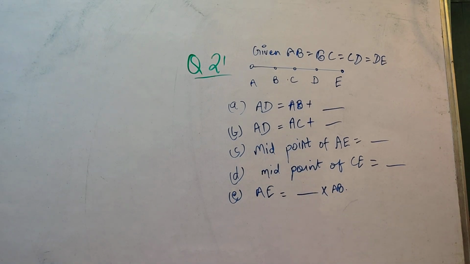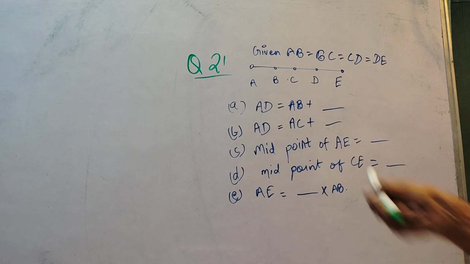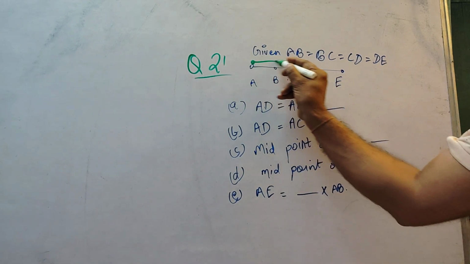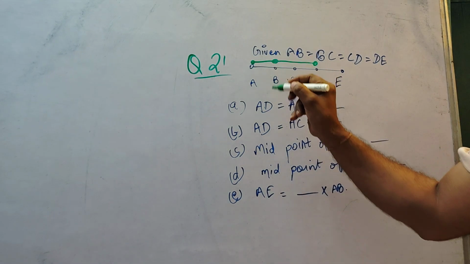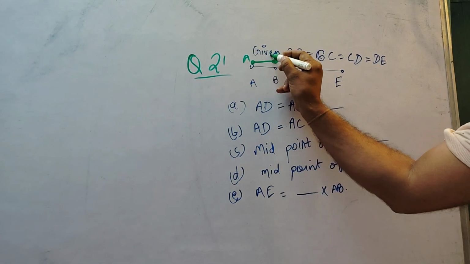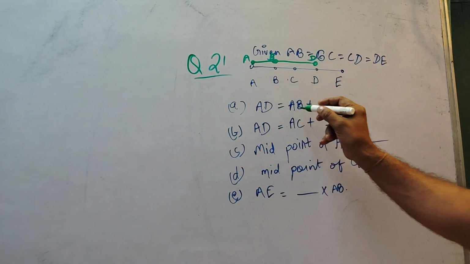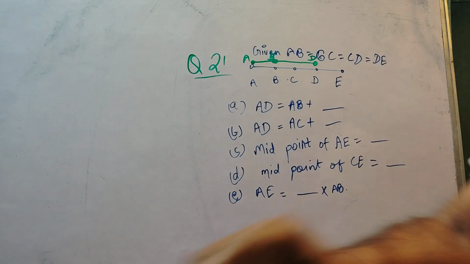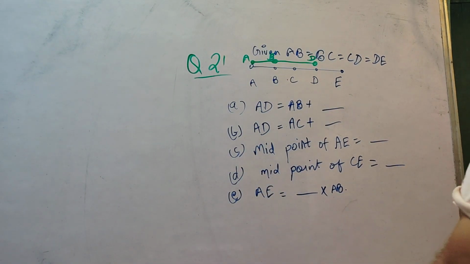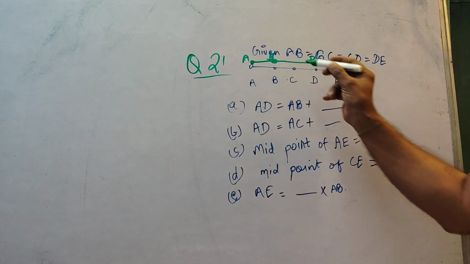Now we are discussing AD equal to AB plus. This is the AD. Green color we are marking here for AD. And AB is here. So AD equal to AB plus, what we can say.